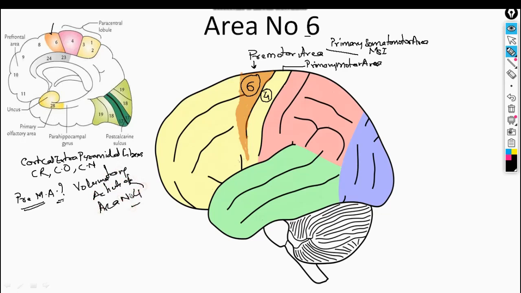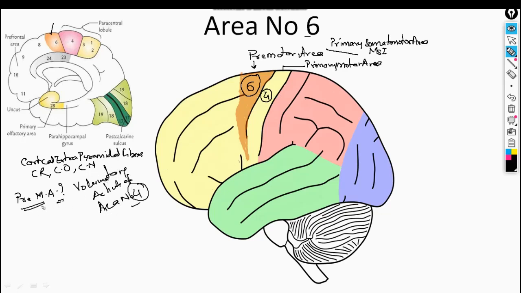The action of area number 4, the primary motor area, is the voluntary activity of the opposite side of the body. So premotor area number 6 controls the voluntary activity of area number 4.